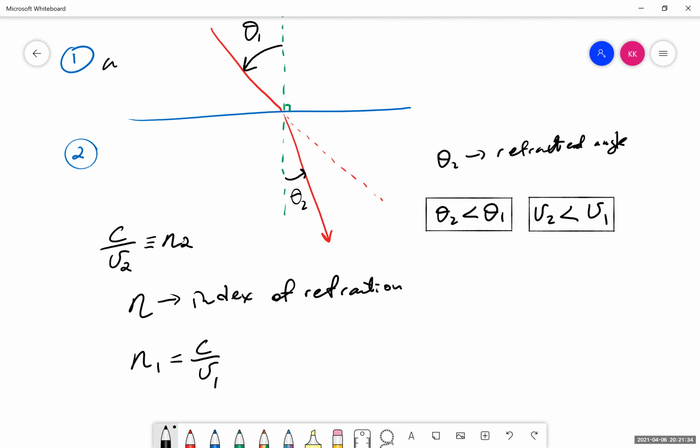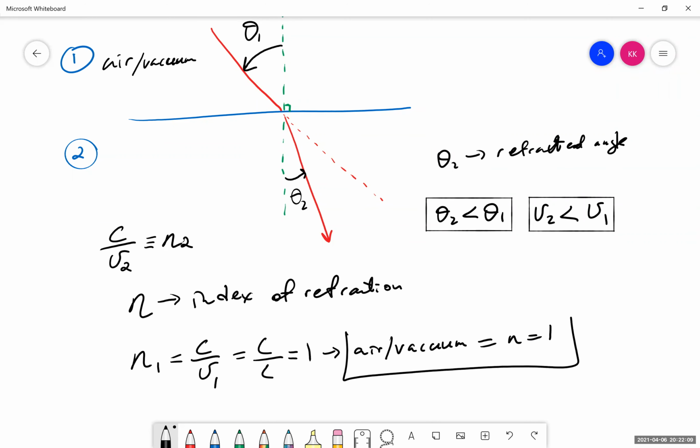But remember, if I take medium 1 to be air or vacuum, then it's the speed of light in vacuum divided by the speed in medium 1, which is also c, since it's air or vacuum. Then I'm going to get 1. This 1 is basically the lowest you can have for the index of refraction, and it always represents air or vacuum. Okay, so an index of refraction equal to 1 always represents air or vacuum.